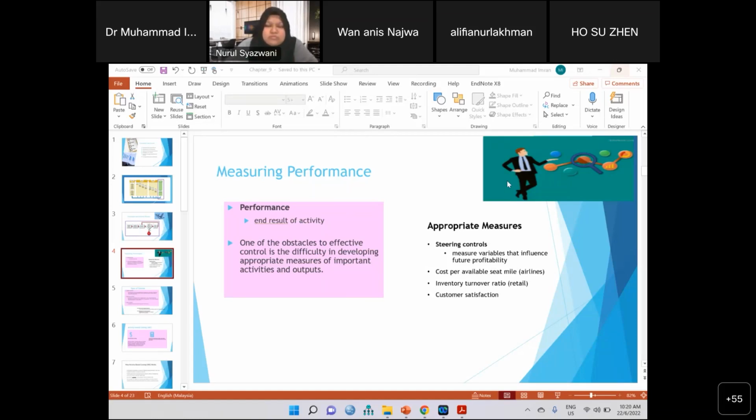Anyway, the second one is the inventory turnover ratio for retail businesses. It is an example of a steering control used by retail stores, in which a retailer's cost of goods sold is divided by the average value of its inventories. This measure shows how hard an investment in inventory is working.